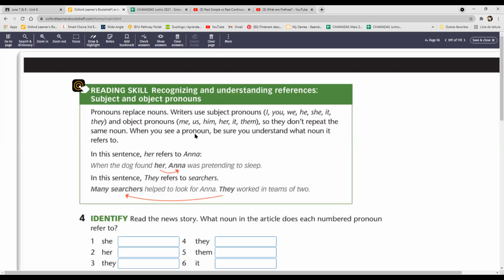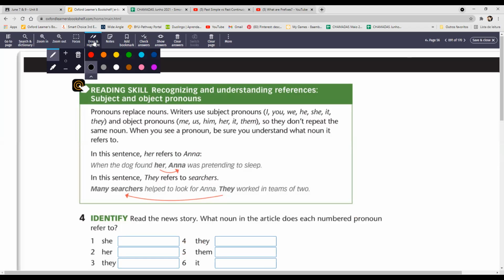So they don't repeat the same noun. When you see a pronoun, be sure, this is very important. Let me highlight this. Be sure you understand what noun it refers to.